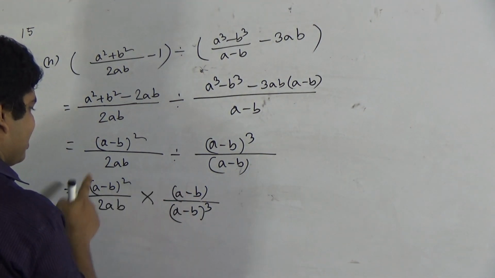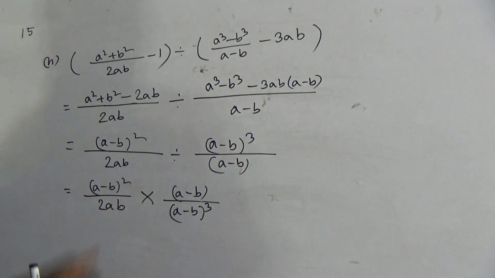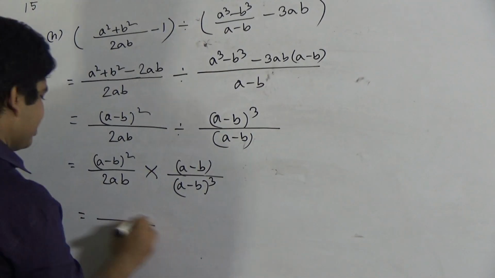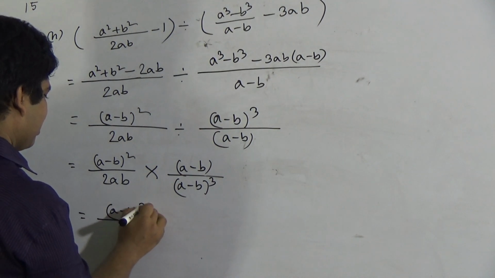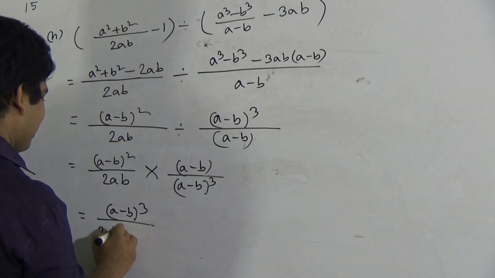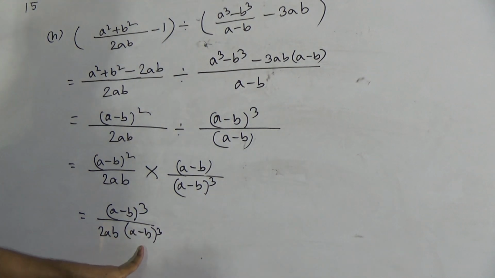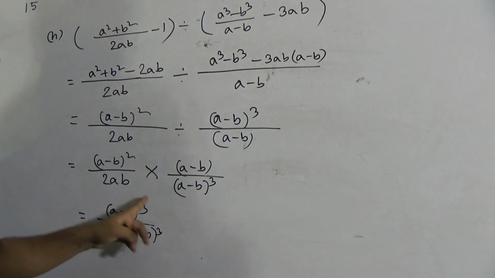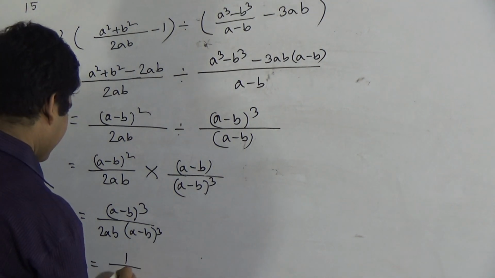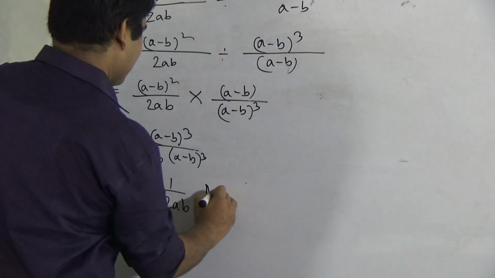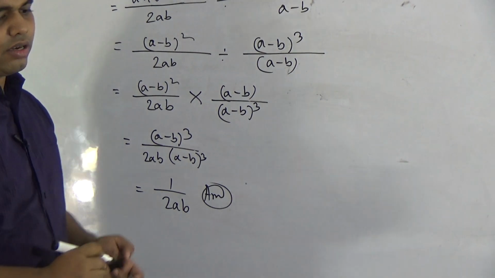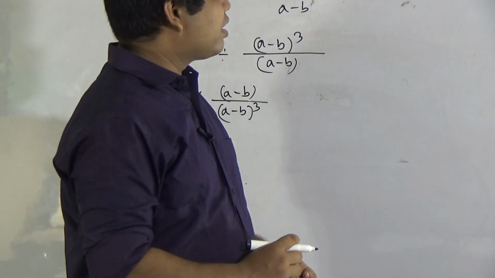That means if we multiply numerator and numerator, then we get (a − b)³. So (a − b)³ and 2ab into (a − b)³. We cut this (a − b)³, (a − b)³, and we get 1 by 2ab, and it is the answer of this question.